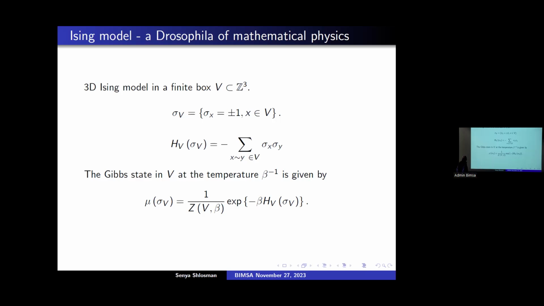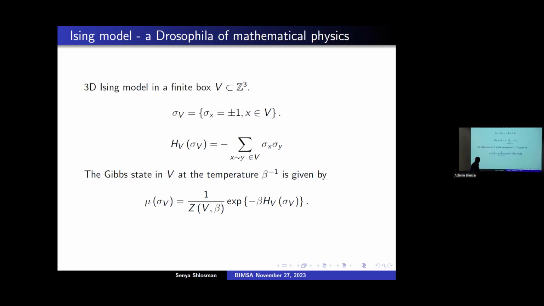Once we assign to every configuration a number, this H of V, we form a probability distribution on the set of all such configurations by the formula which you see at the bottom. You take the exponent of minus beta H of V. See again, you have a minus there and again a minus here. That's the physical tradition. And then you put a numerical factor, beta, that's a real number. The beta inverse has the physical meaning of temperature.